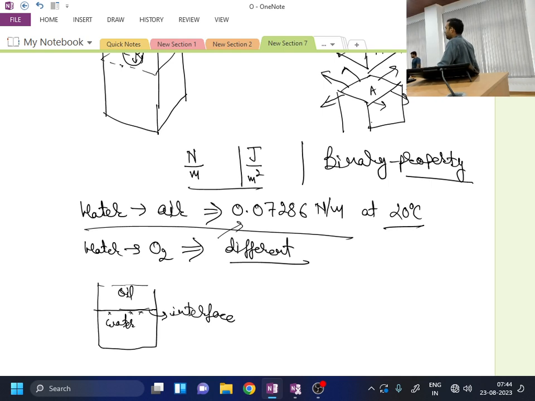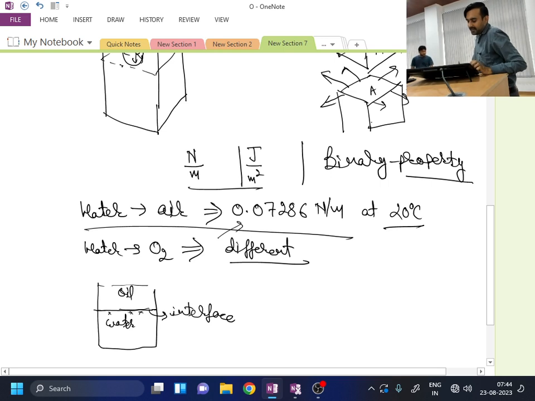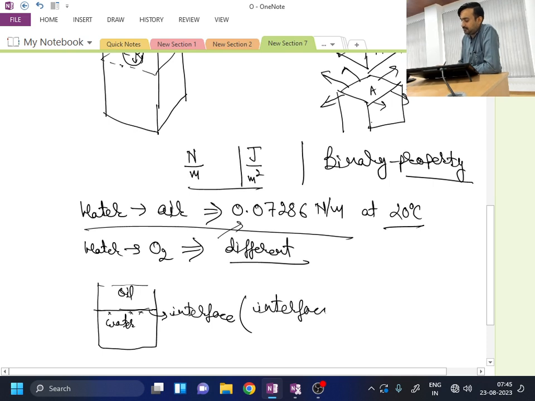So here also I will be having some unbalanced force. So when we are having a combination of two immiscible liquids, and corresponding to that we have an interfacial boundary present, then we call our surface tension nothing but interfacial tension.